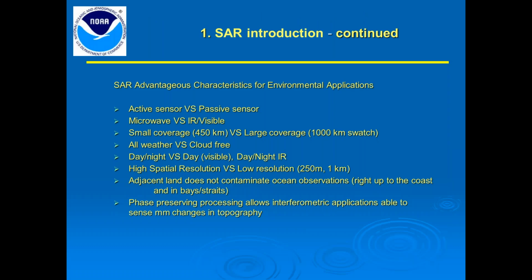This is a comparison of the difference between passive remote sensing images and synthetic aperture radar. SAR works in the microwave band, so there is no impact from rain or clouds, and it has very high resolution. It can view the ocean and the land day and night, so it has all-weather, daylight capability at very high resolution.